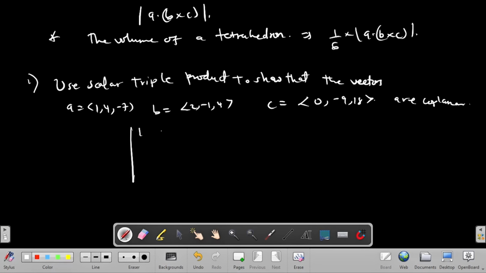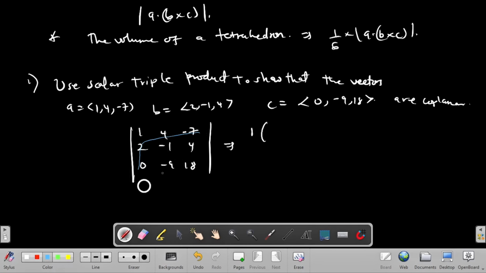So you write 1, 4, -7, 2, -1, 4, and 0, -9, 18. Something like this, you can punch it into your calculator nicely. So plus, minus, plus, as you do. I'll have 1 positive. When I nullify, you realize that all this will go.